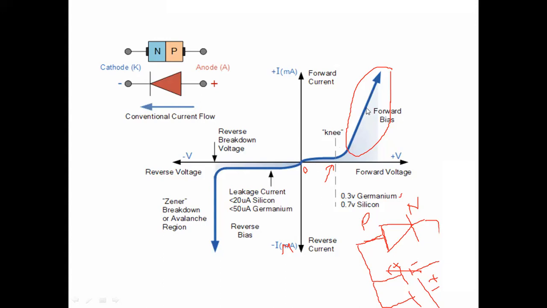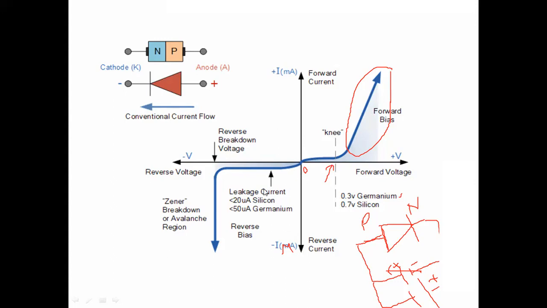When the forward bias is connected, we get the forward current. When the diode is connected to reverse bias, we get the reverse current or leakage current, or you can say the reverse saturation current. After this point, the current is saturated and does not increase linearly.